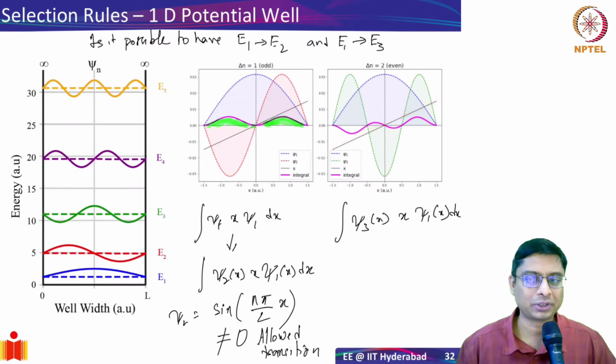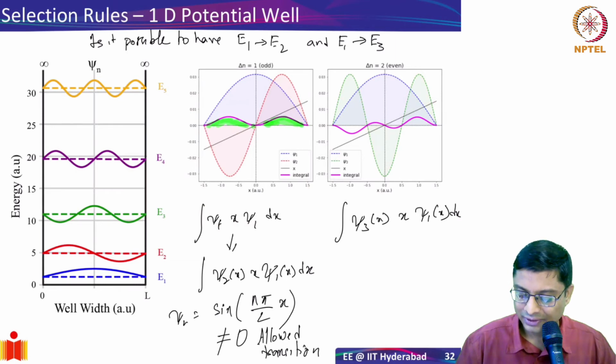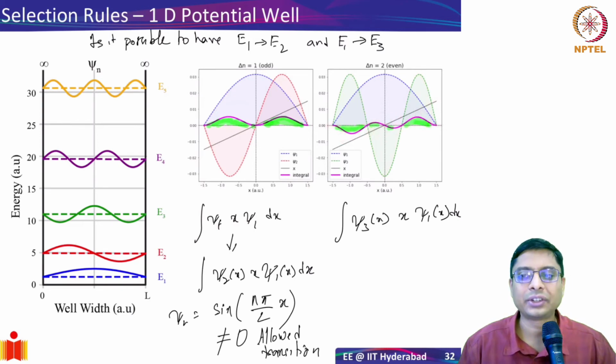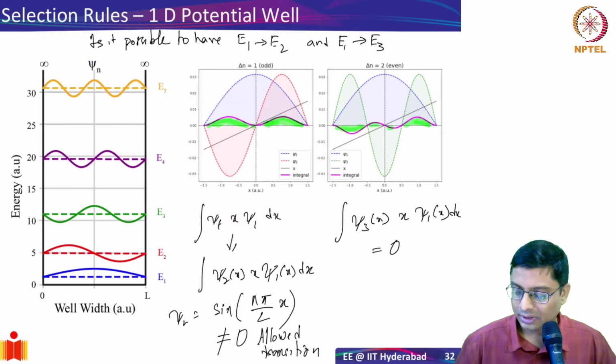You take the product and you end up with a pink line. But now you have a negative sum here, positive sum here, negative here, positive here. So the positive and the negative cancel out. Similarly, the positive and negative cancel out. The overall product is an odd function, and because of that, the integral is always going to be 0. So the transition is not allowed.